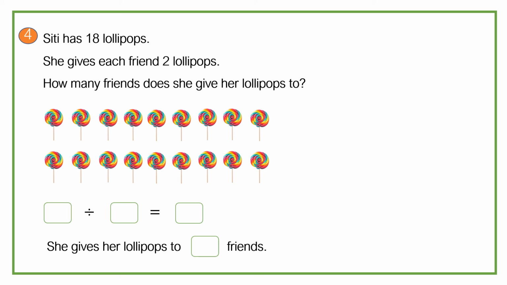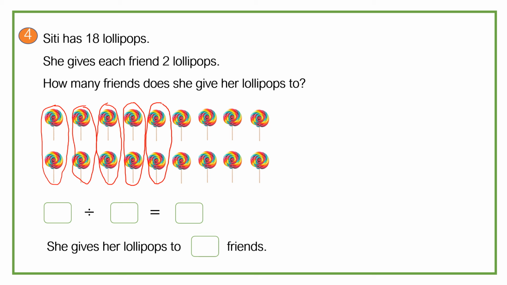So this means that let's make groups of 2. So we put 2 lollipops in each group. Let's move on.